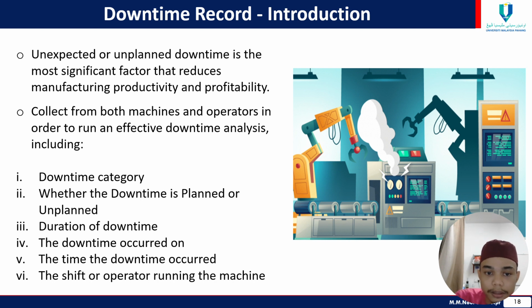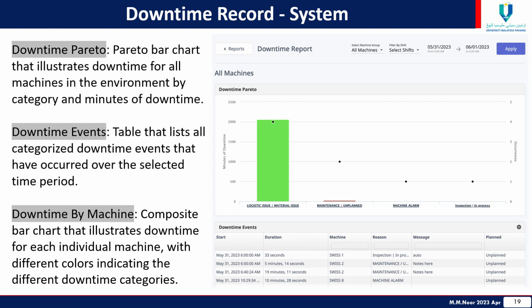Collect from both machine and operator in order to run effective downtime analysis, including downtime category, whether the downtime is planned or unplanned, duration of downtime, the time the downtime occurred, and the shift or operator running the machine. So basically, this data needs to be taken for the analysis later.